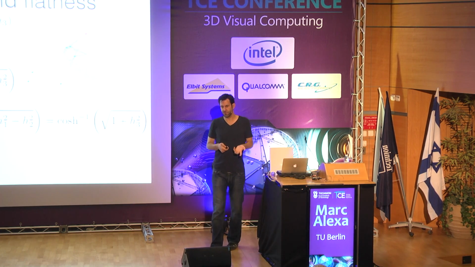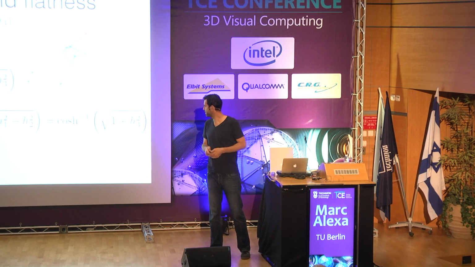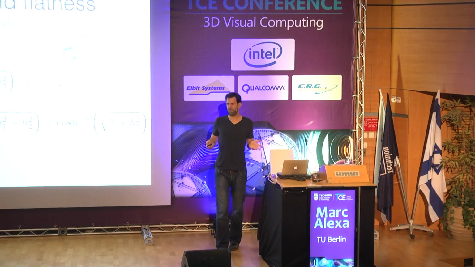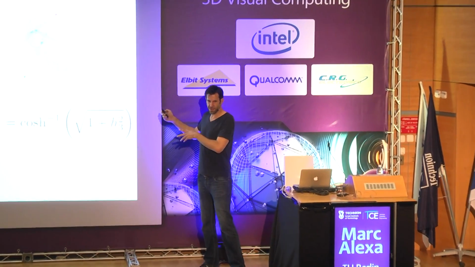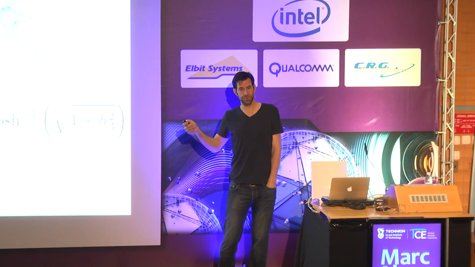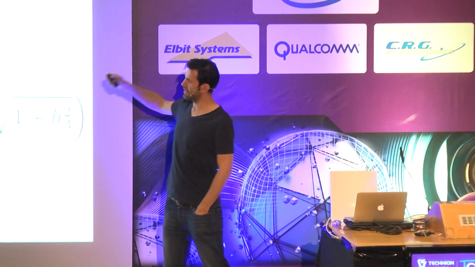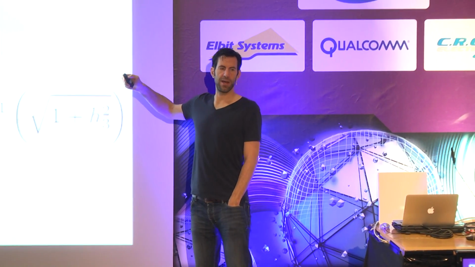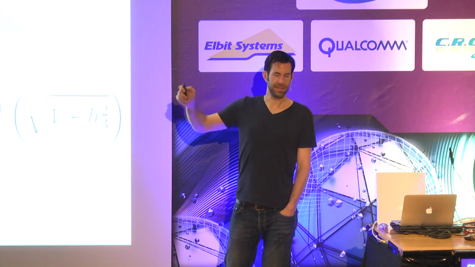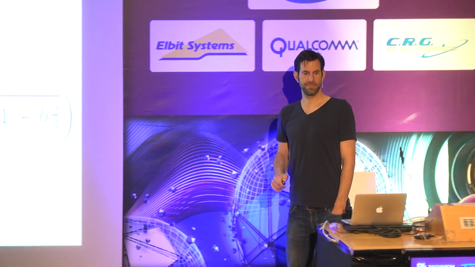People in math often say to me, it's well known to those who well know it. And it's so well known that they don't bother writing it down. So we wrote it down because it was useful for us, because basically what we wanted to do in our application was to do exactly this. We wanted to measure how flat is a frame or how symmetric is a frame. And basically these are the formulas we needed.